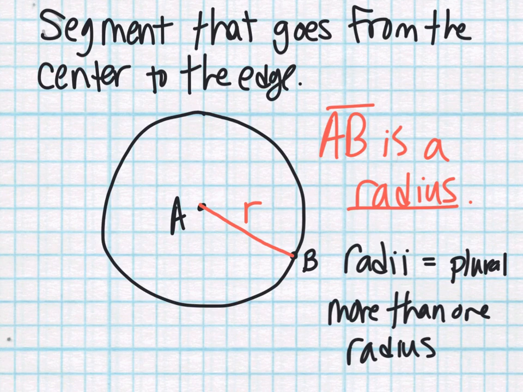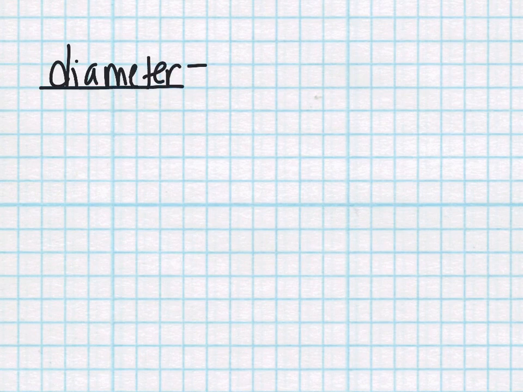Okay, let's move on and talk about diameter. So diameter. We talked about this prefix di right here, di. We know that it means 2, so we're going to look for that in the definition.